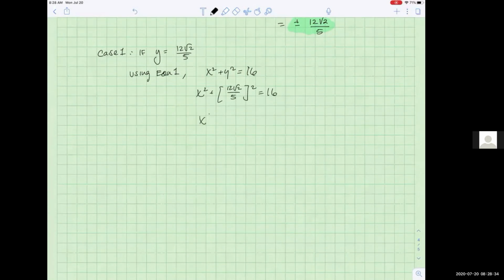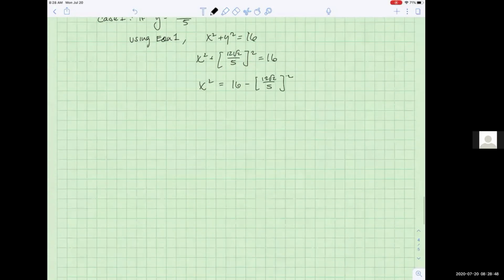And that means x squared is equal to 16 minus 12 root 2 over 5 squared. We can simplify that a little bit.